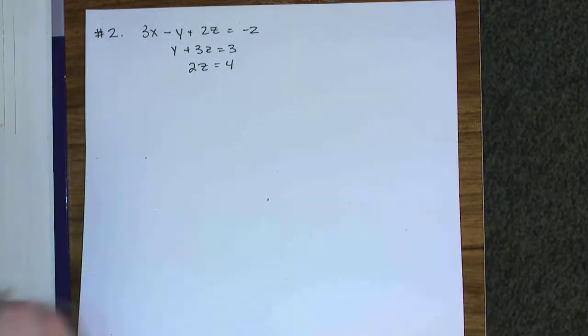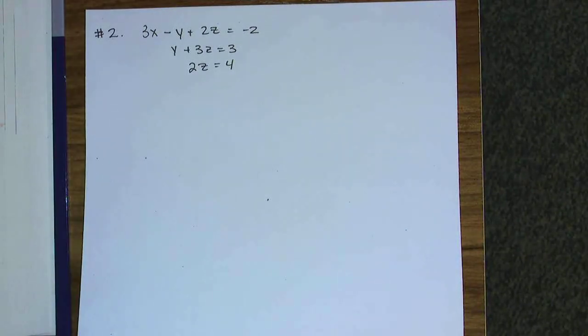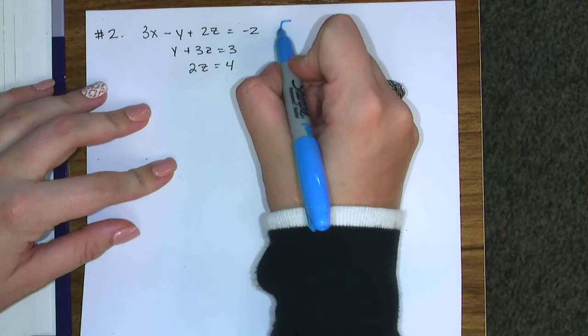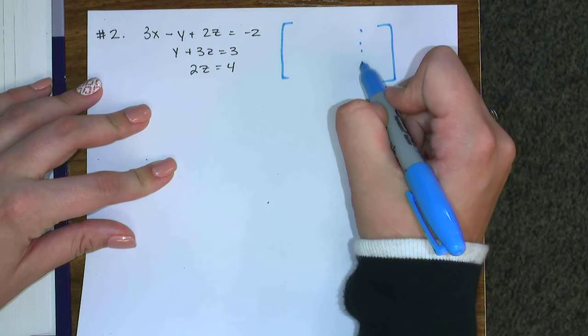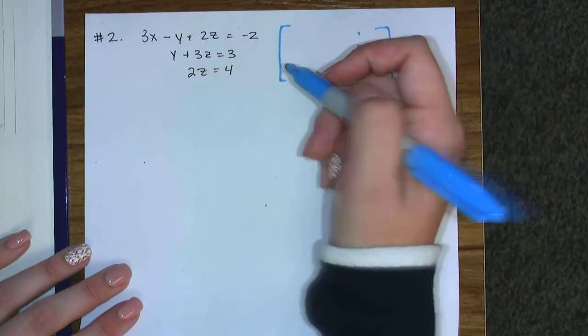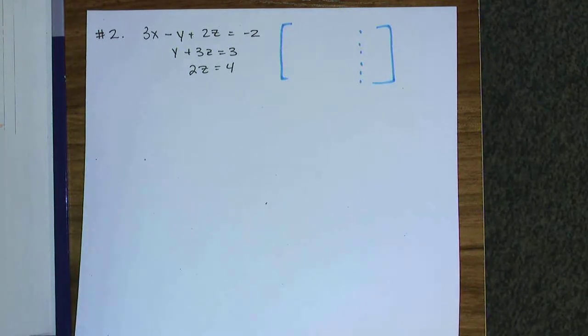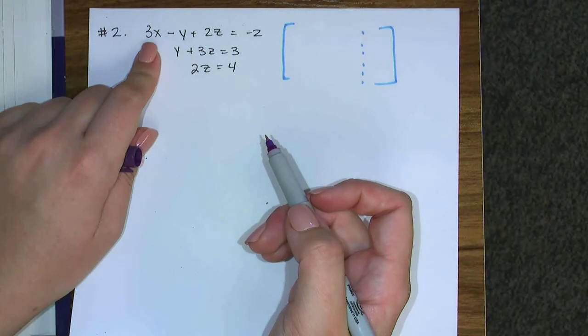But I do want to show you how to set these up as an augmented matrix. That's what we're looking for here. So you're going to set this up, and like I said, you do the dotted line here to show where the solutions are, and then we're going to go through and fill this in. So you read across, and if something isn't there, it gets a 0.